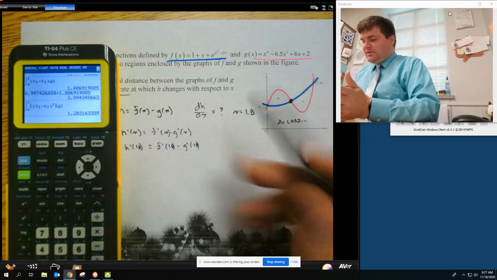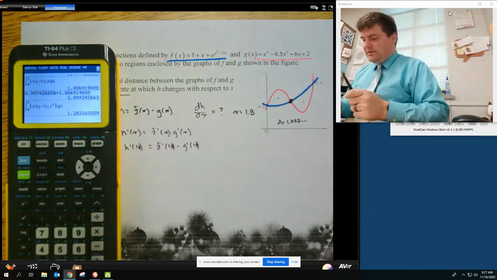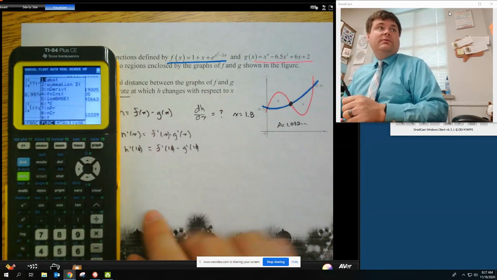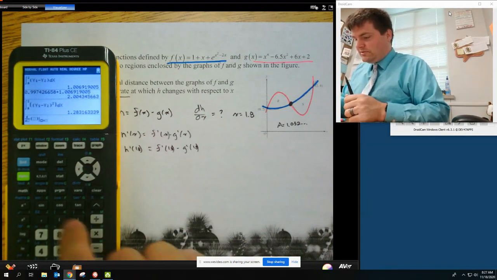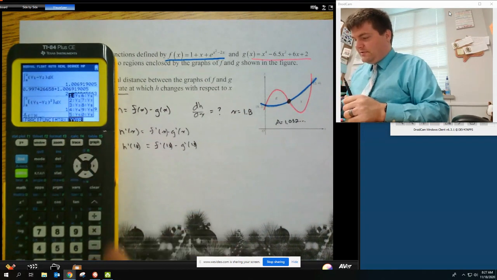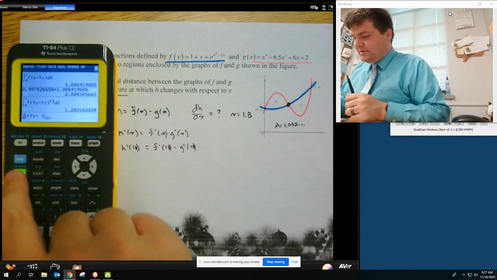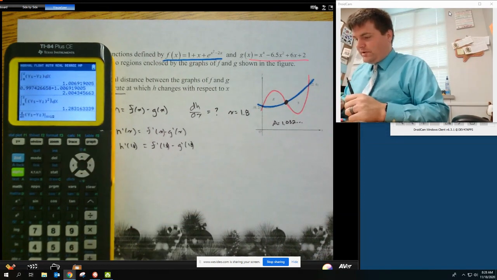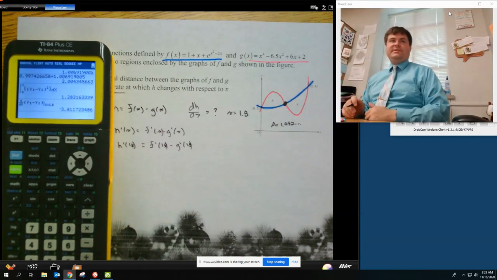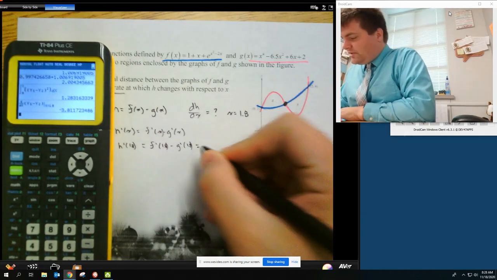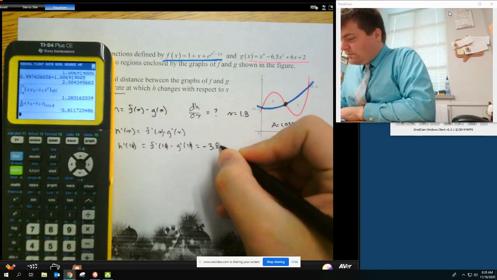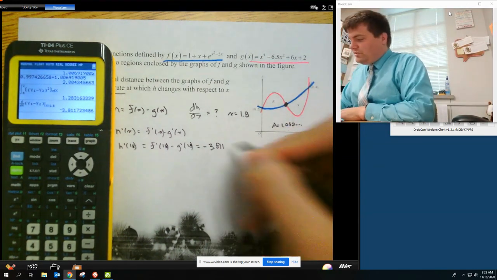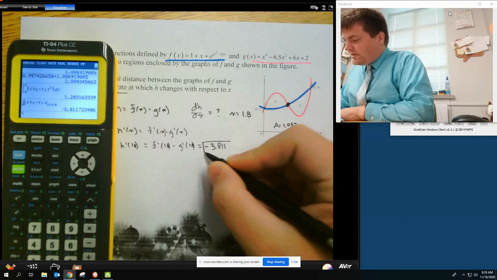So all I'm going to do here is pull up the derivative, which is going to be the third choice, with respect to x, of y1 minus y2, and this is at 1.8, and it really does the business for us. So this is going to equal negative 3.8117. You can go 1, 2, doesn't really matter, but that is our answer.